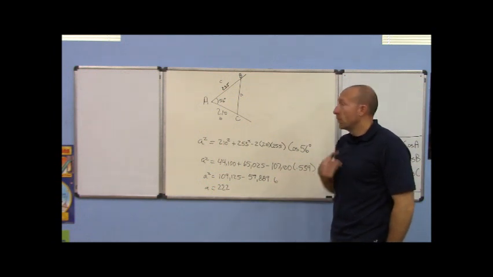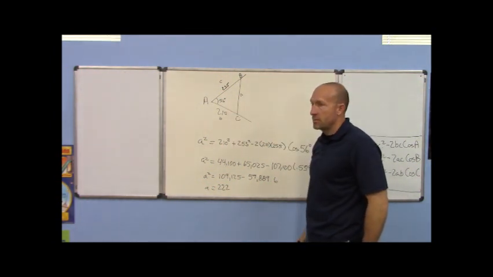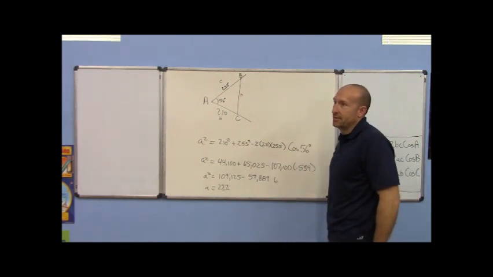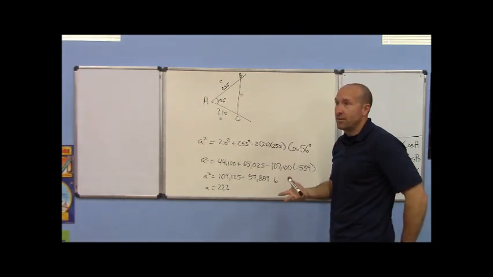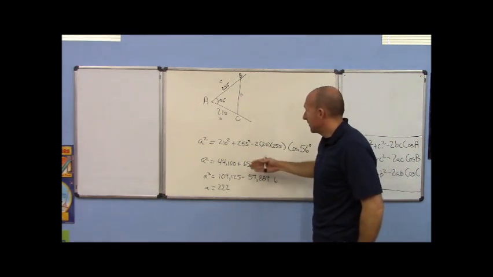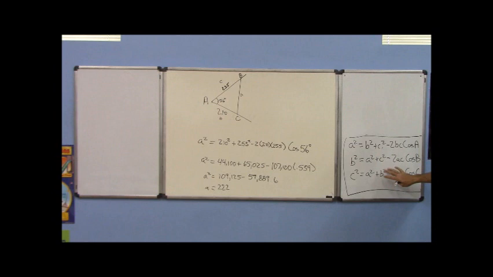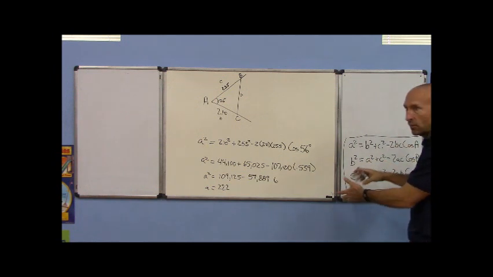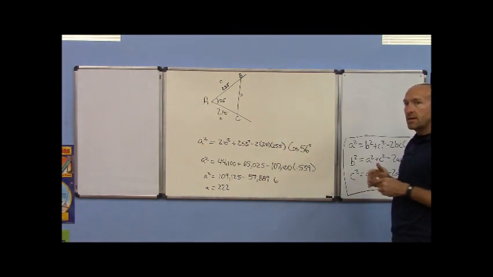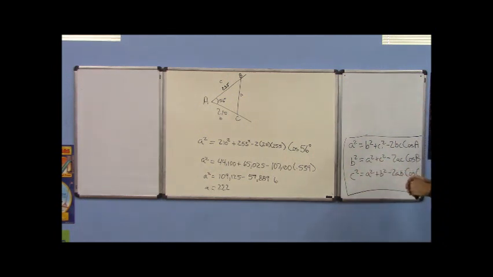So already we're recognizing we have to use the law of cosines. Now it's just a matter of going back to our formulas, which we know how we got. Now that we know, we can write them down, refer to the correct one, plug in the information we know, and find the unknown. It's that easy.